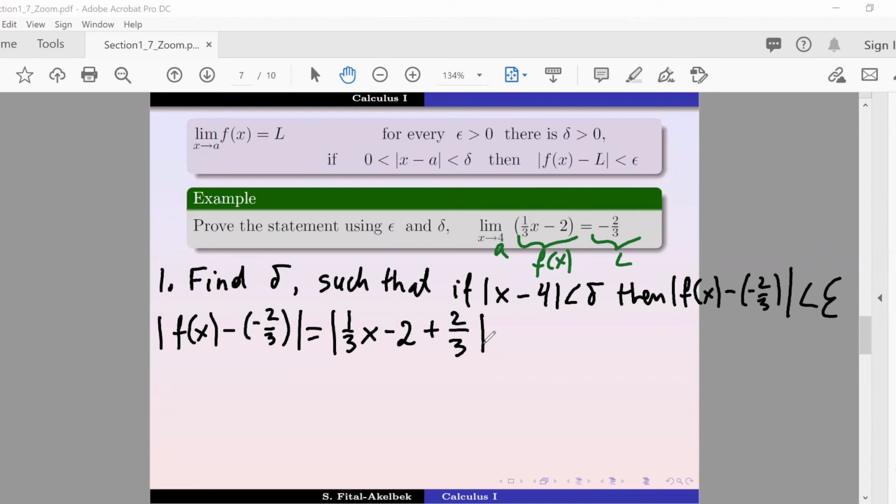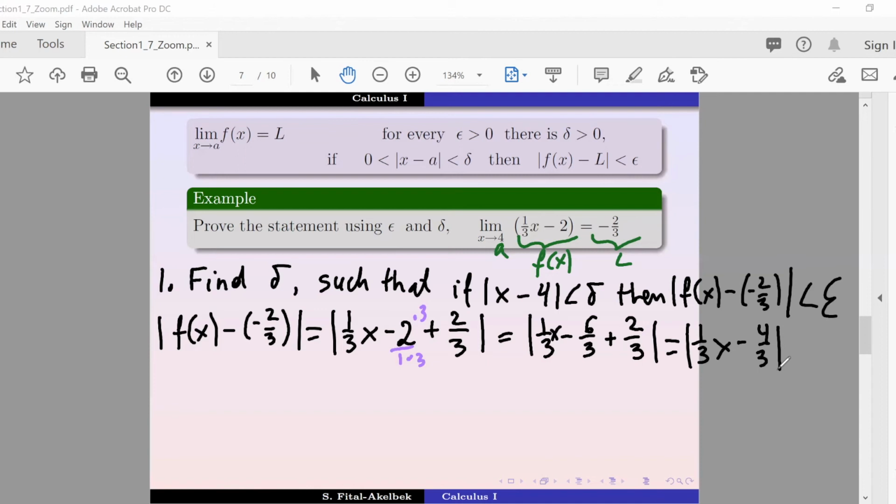Find the common denominator, so this is like over 1 times 3 times 3. So what we have is the absolute value of 1/3 x minus 6/3 plus 2/3, which is equal to 1/3 x, and negative 6/3 plus 2/3 is negative 4/3.